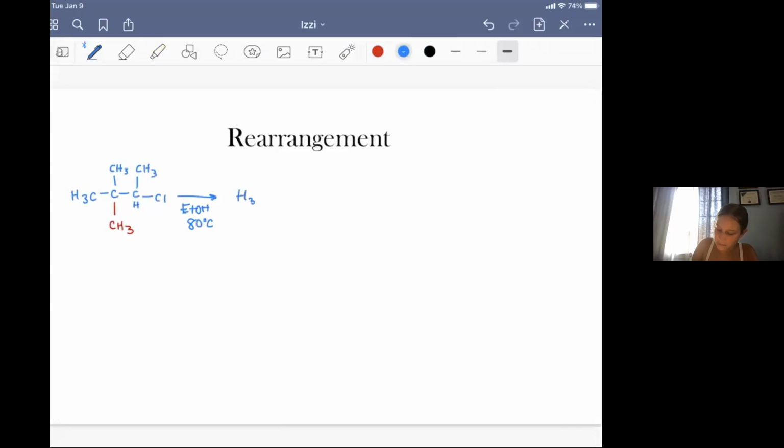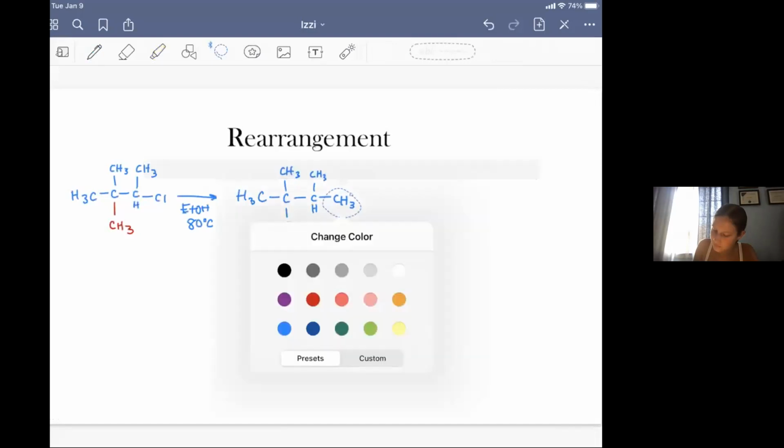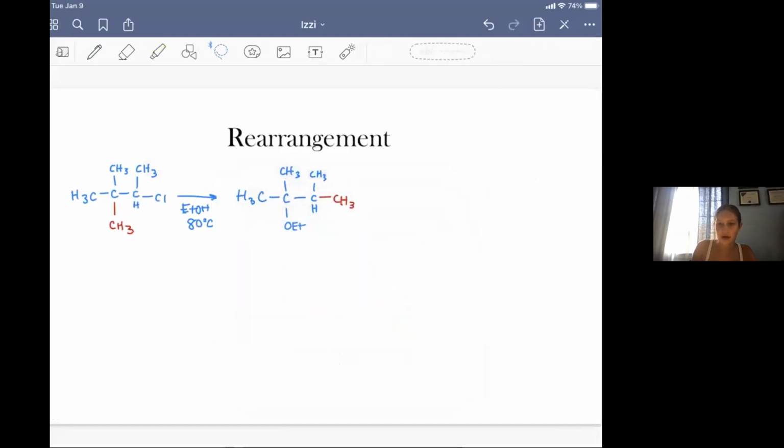And what we're left with: so now you see that the highlighted or colored methyl groups get rearranged and that our OEt ended up over here. But we knew that because you have your chlorine right here, you would expect it to attack that carbon.